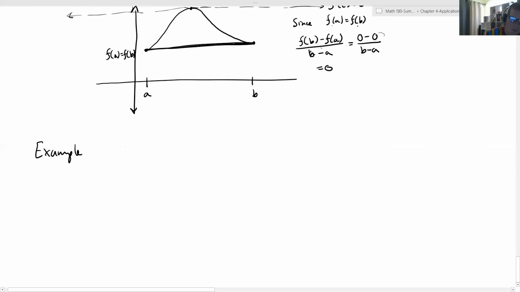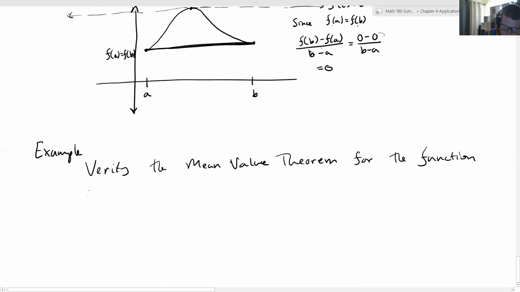What I want to do is verify the mean value theorem, that's what it normally says, for the function on the interval. That's all we're going to do.